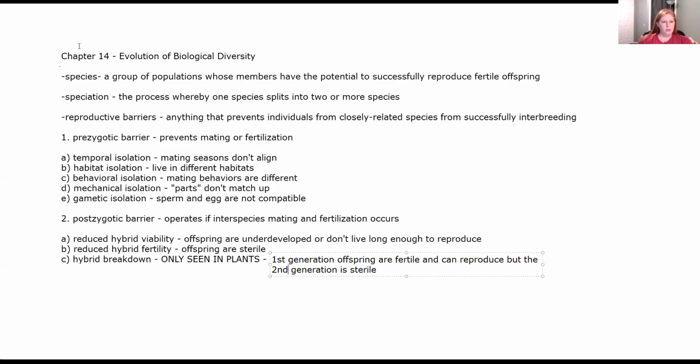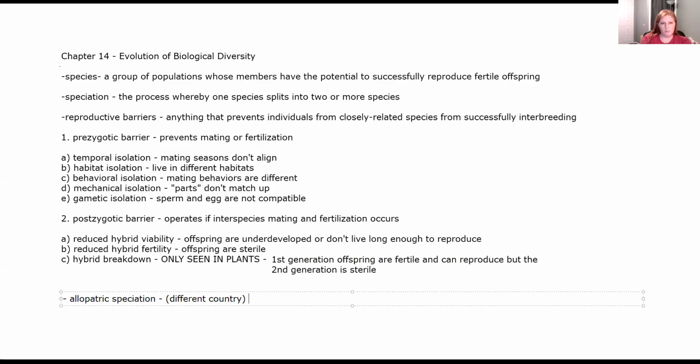Okay, a couple more vocabulary words. So there's two different types of speciation events. Allopatric speciation, which means essentially different country. And this is where speciation takes place because of a geographic barrier.